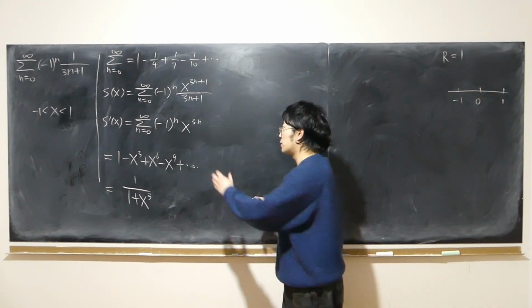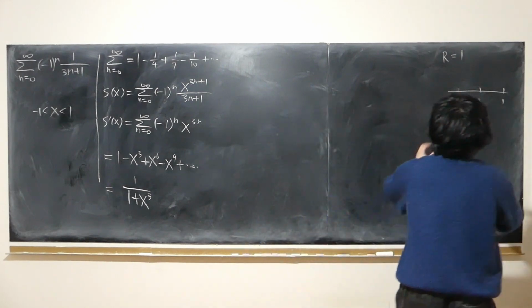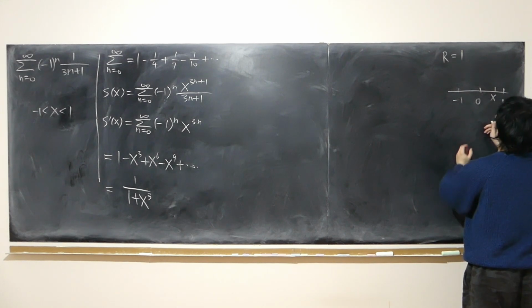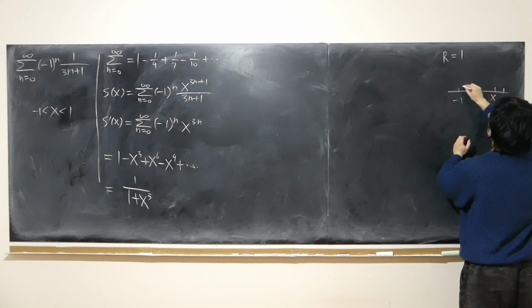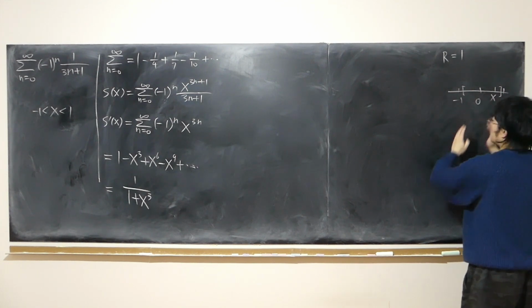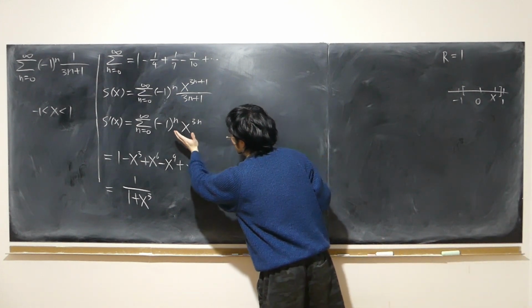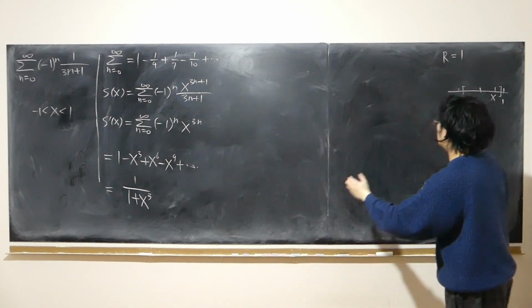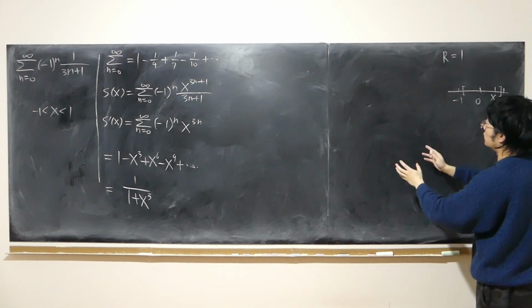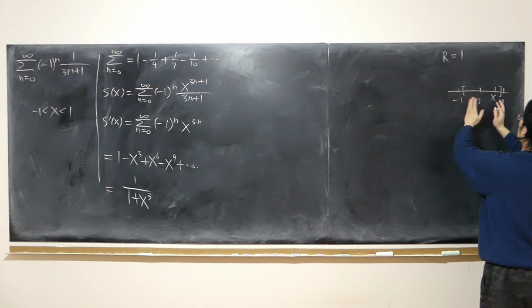Then if we just fix x in this open interval, we can draw a closed interval inside this open interval containing x, so that even though the series is not uniformly convergent over this open interval, it is uniformly convergent over this closed interval inside this open interval, and x is within this closed interval.